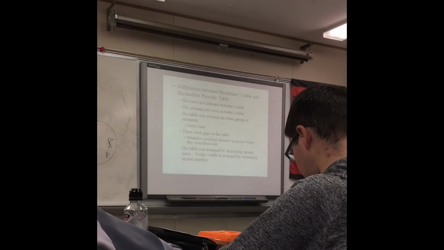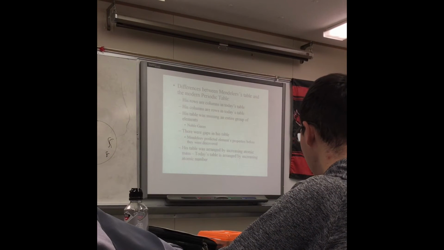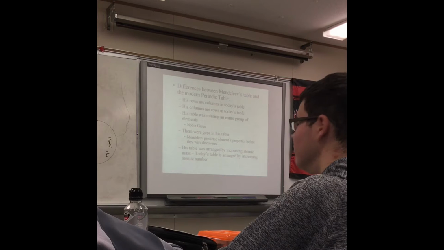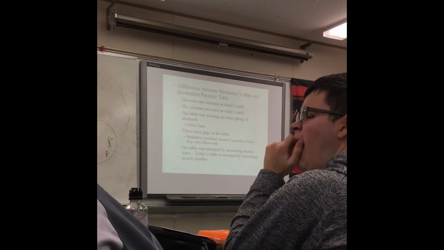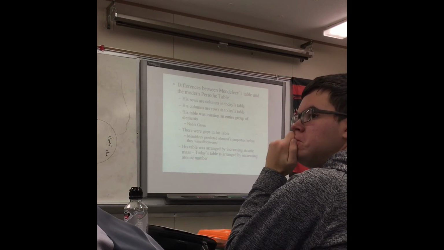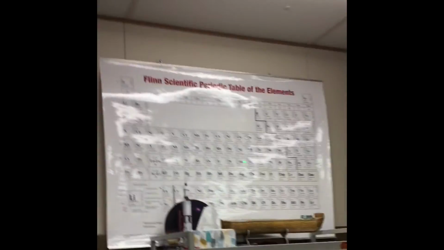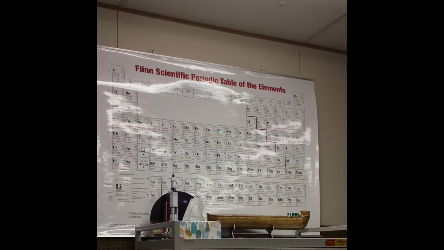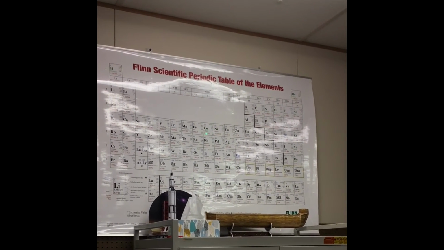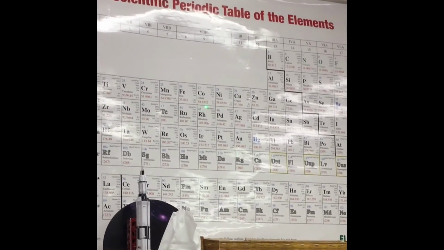Well, if you look at the table, and if you have your tables, you can look at it. I want you to look at cobalt and nickel. Let me see if I can get that pointed. I think it's right here. These two. What's cobalt's atomic mass?